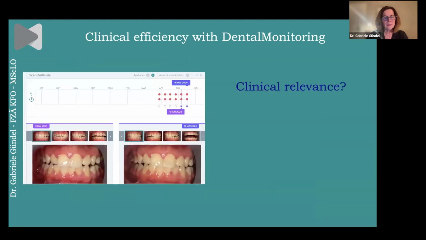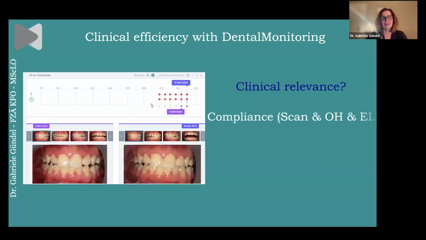I have the feeling that if I show my patient here, dear patient, you have only red spots here. So the red spots show me that you cannot clean your teeth properly, very dangerous for the fixed appliance, but also I see on the red spots here that you do not do your scans in time.